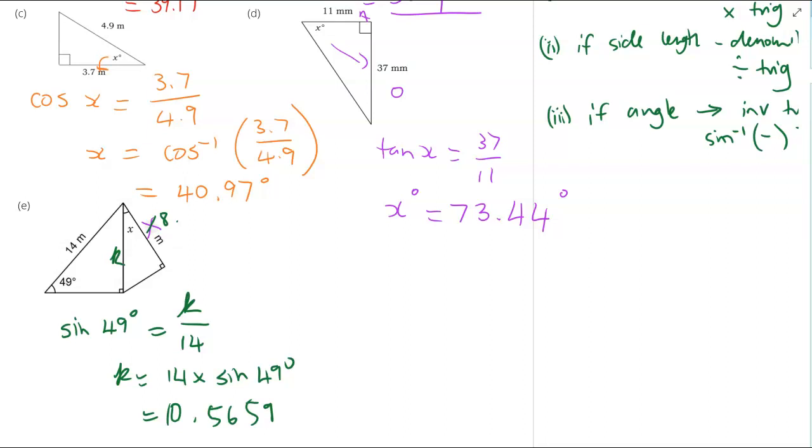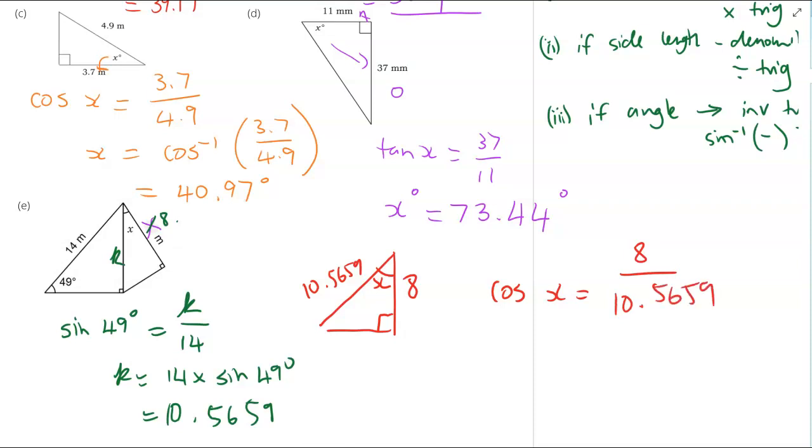So once we've found K, then we've got a new triangle. If you find it easier, just redraw it. K is now the hypotenuse. X is that angle there. And so we're doing cos. Try and keep that number to at least 4 decimals to reduce the error. Or even better still, keep it in your calculator.